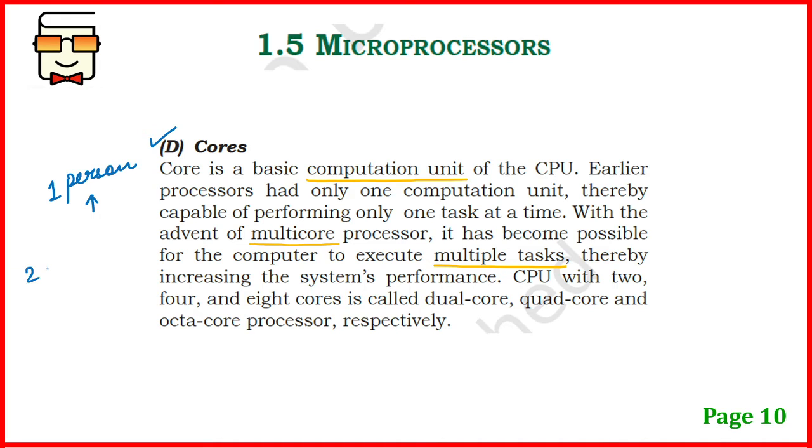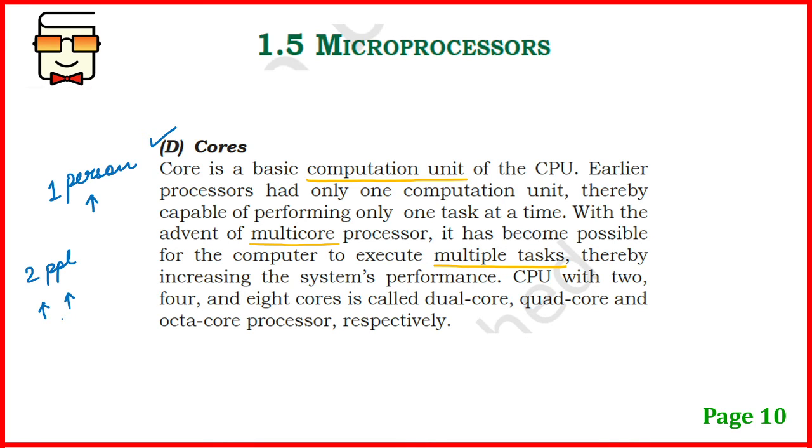But if you have two people working parallelly for you, you can at the same time assign two tasks, one to each person. Each person will work on one task, and two tasks will be executed at the same time. So more work can be done in the same amount of time, right?